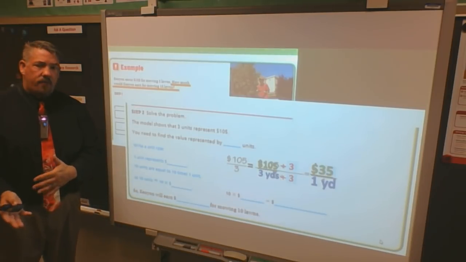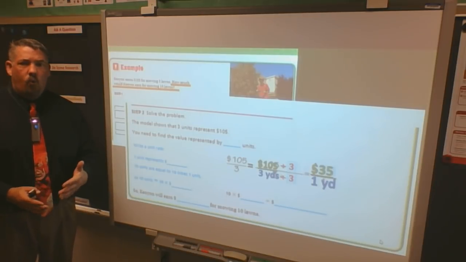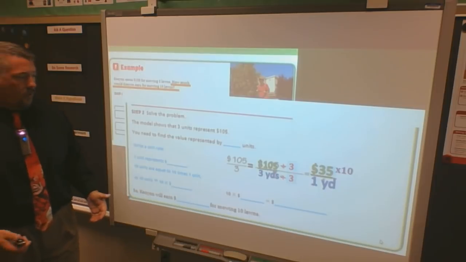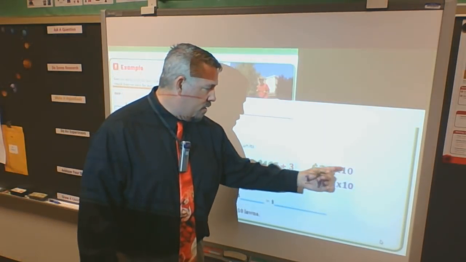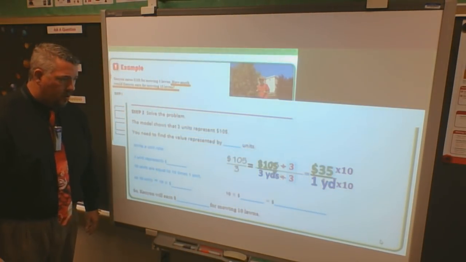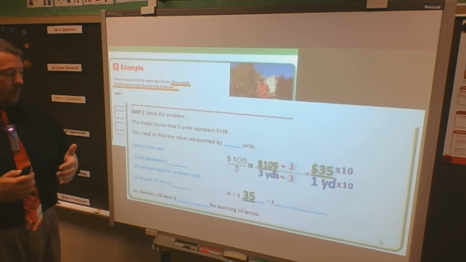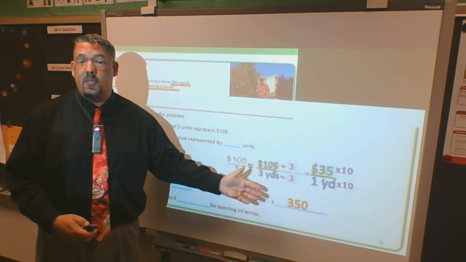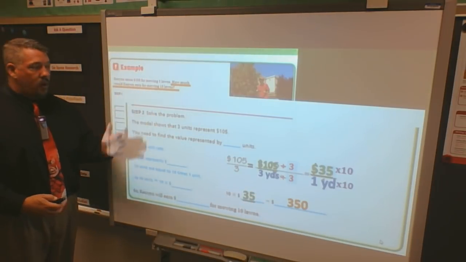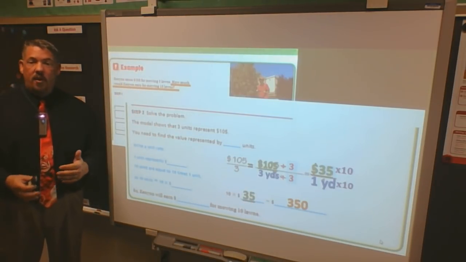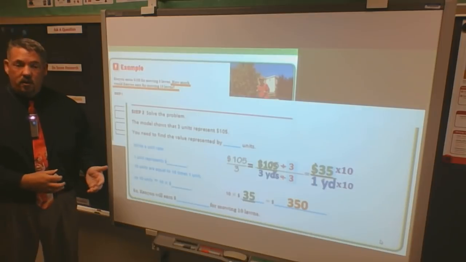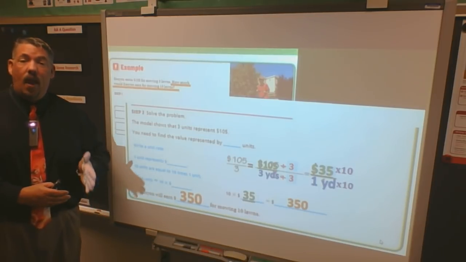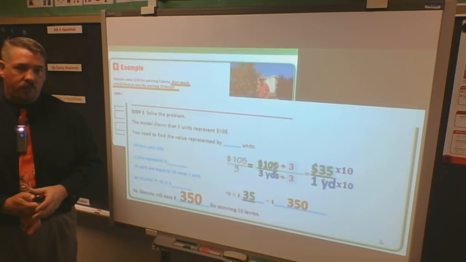So then I have to apply that information to, well, I'm going to mow 10 yards or 10 lawns. So if I multiply by 10 in the numerator and denominator, then I would find out that I have 10 times 35, which gives me $350. They want to know how much he's going to earn if he mows 10 lawns or 10 yards, then I would have $350. That's the answer that they're looking for.